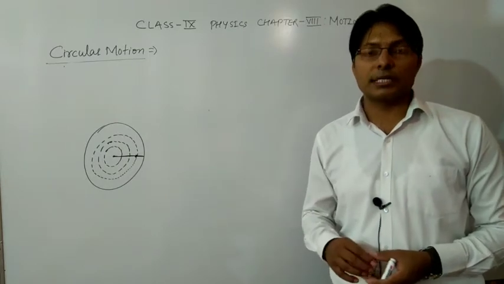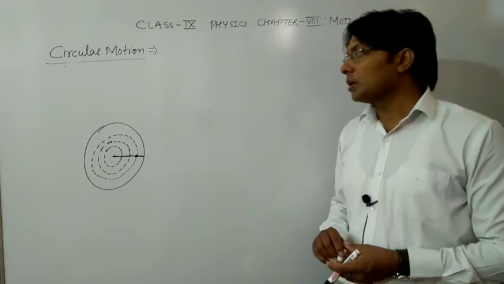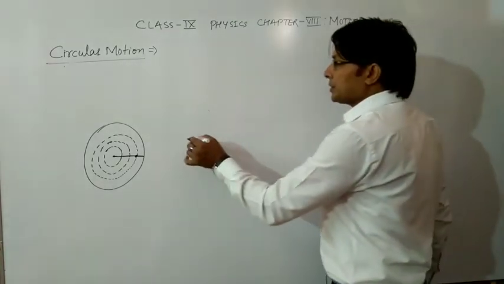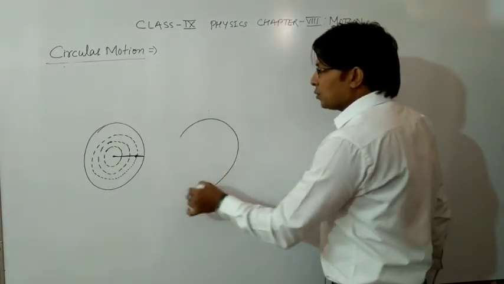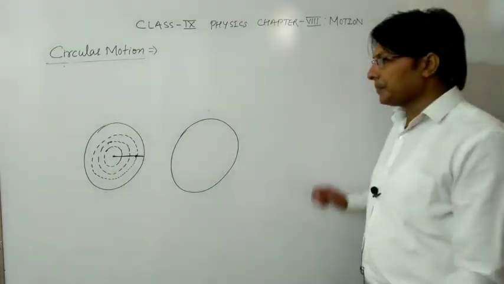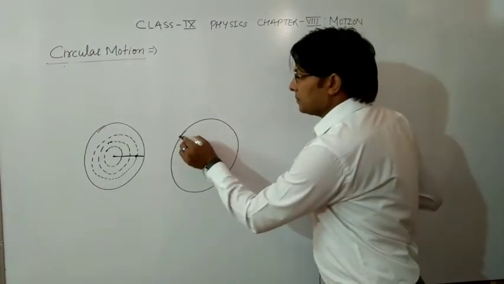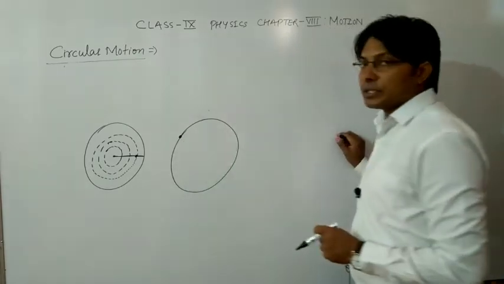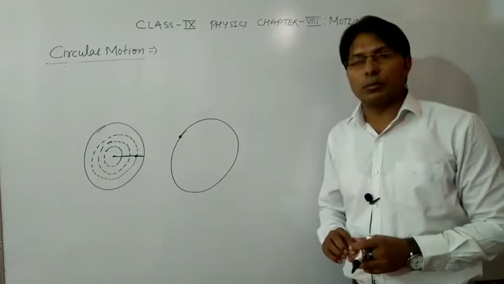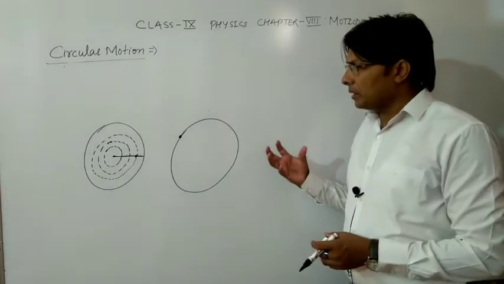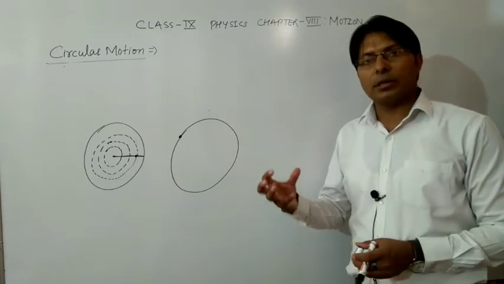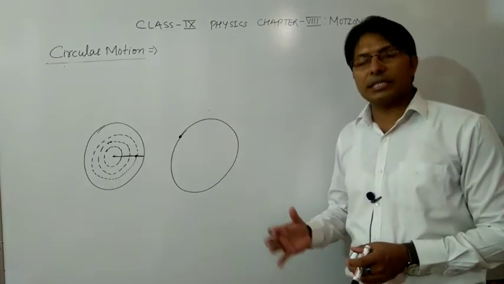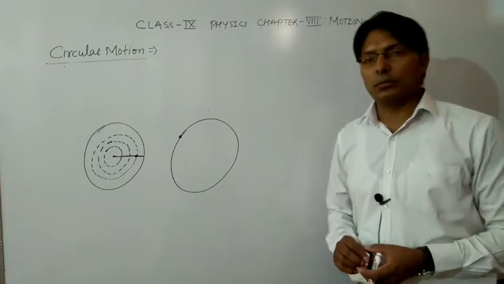It is also an example of circular motion. Or suppose there is a circular track in your school or village, and some person is running on this track, then the motion of that person is said to be circular motion. So any motion along a circular path is said to be circular motion.